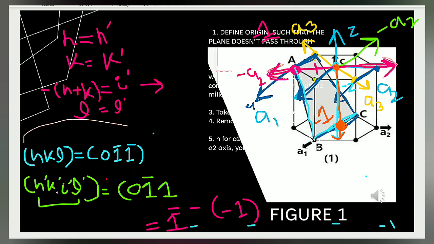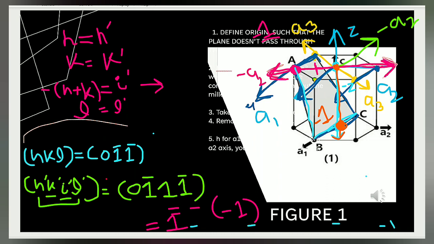First we write the index for the a1 axis, then the index for the a2 axis, which is k prime, then the index for the a3 axis, which is I prime, then the index for the L axis, which is the Z axis, which is L prime. So 0, 1 bar, 1, and L prime is equal to L, which is 1 bar. All right, so that is super easy.